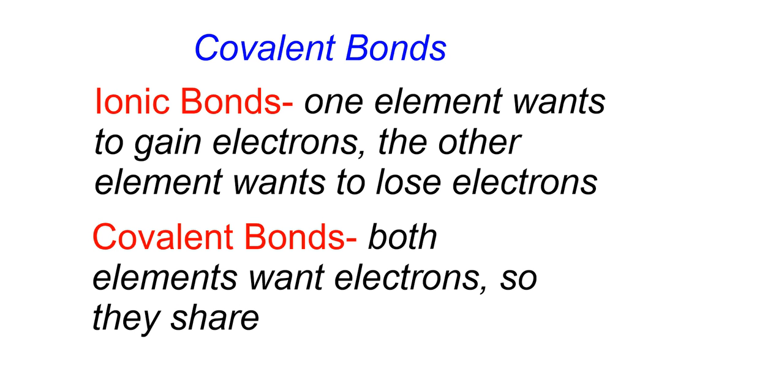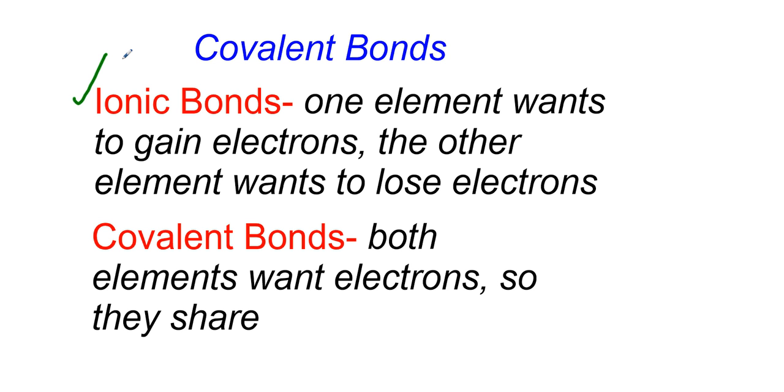Now, there's 2 different ways that electrons can come together to form bonds. One is the one we studied in our last unit. That was ionic bonds, right? And ionic bonds means that one of them really wants to gain electrons and one of them really wants to lose electrons. So it's a funny way.